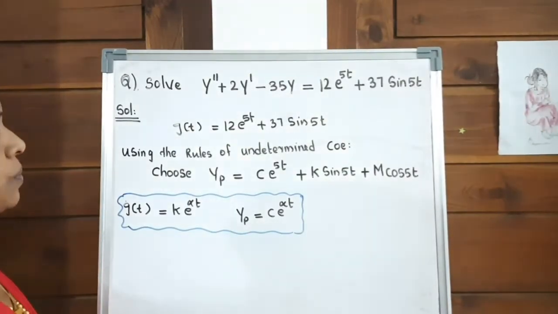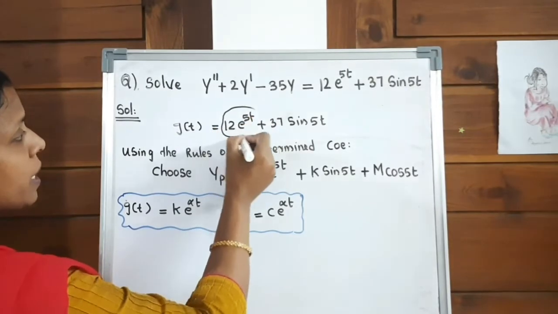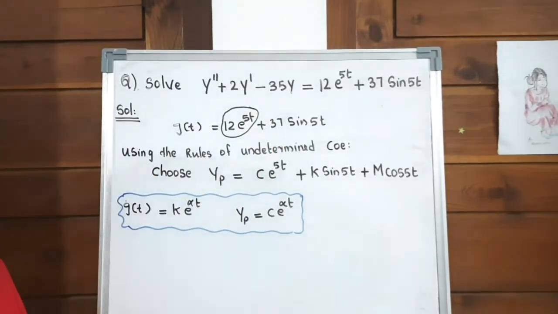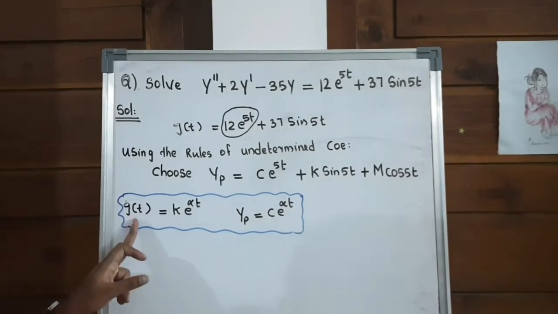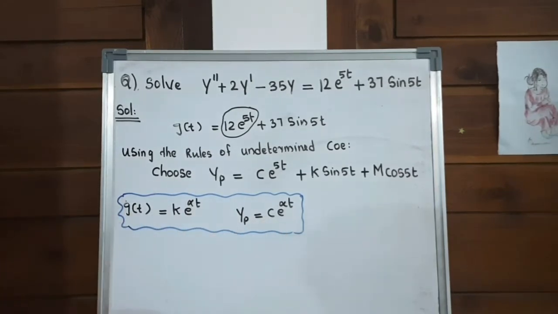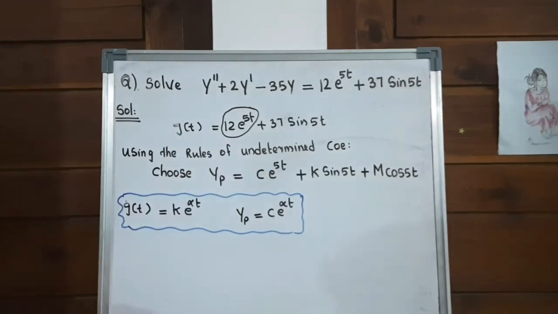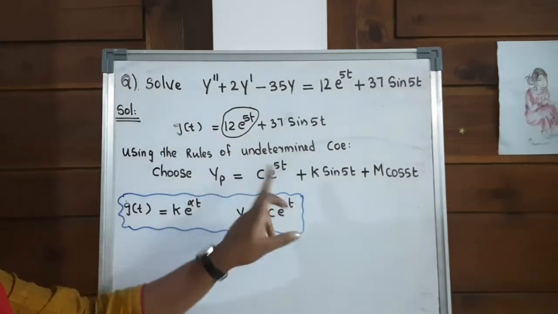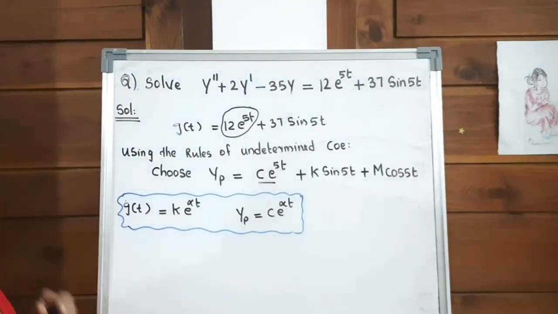First we consider the terms in g(t), that is 12e^(5t). We know that by the undetermined coefficients rule, if g(t) is of the form k e^(αt), then yp is of the form c e^(αt). Here g(t) is 12e^(5t), so we write it as c e^(5t).